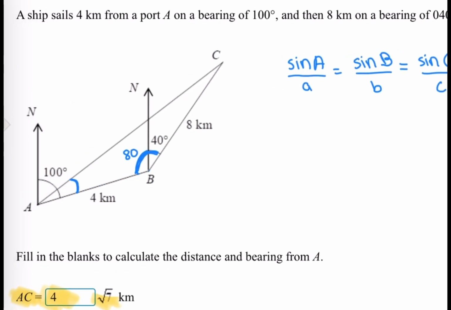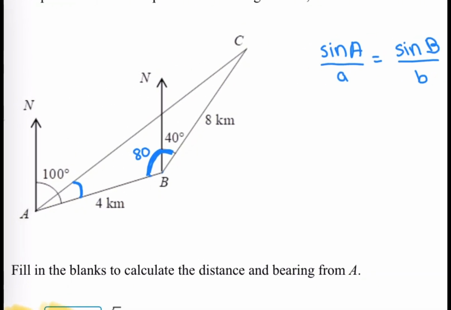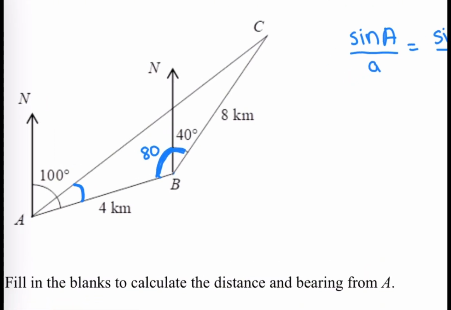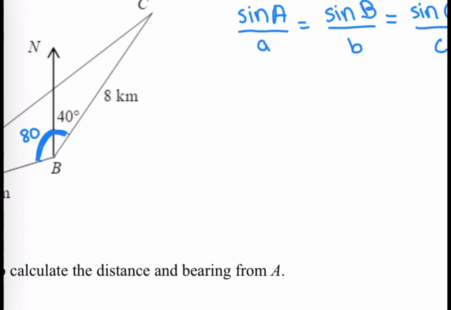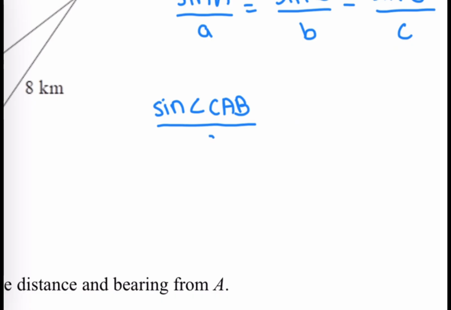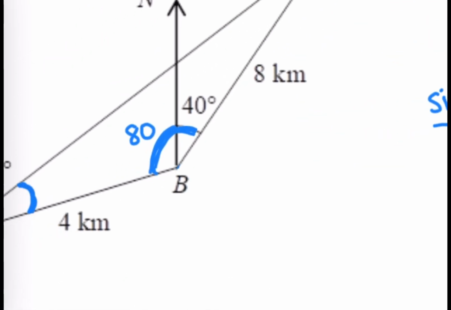Okay, so sine A would be sine of angle CAB over the side opposite to it. So if we look here, the side opposite is 8. So we're going to do that over 8 is equal to sine B over b.